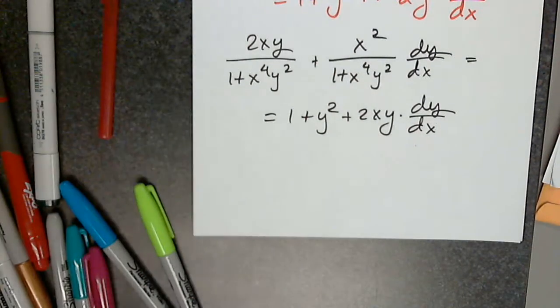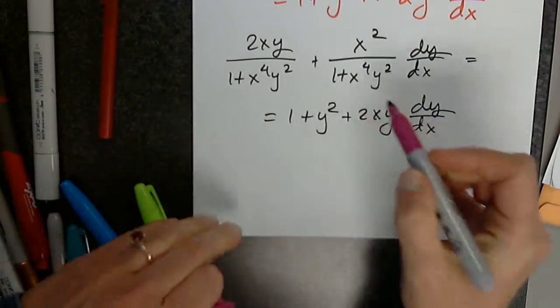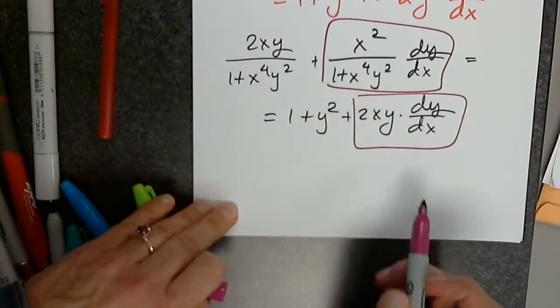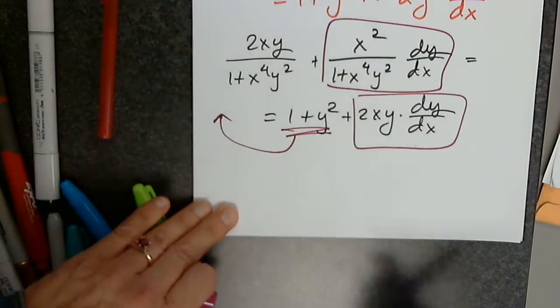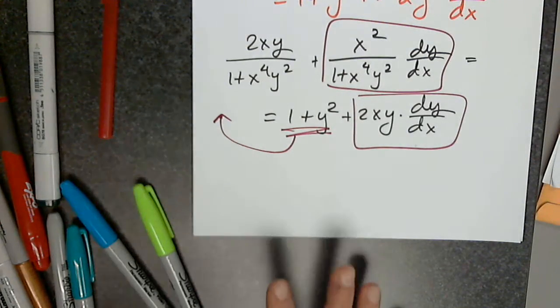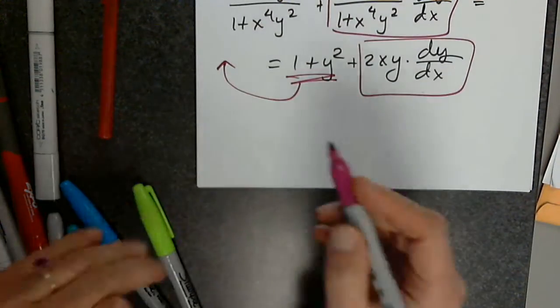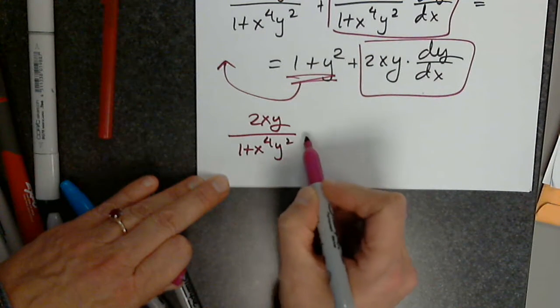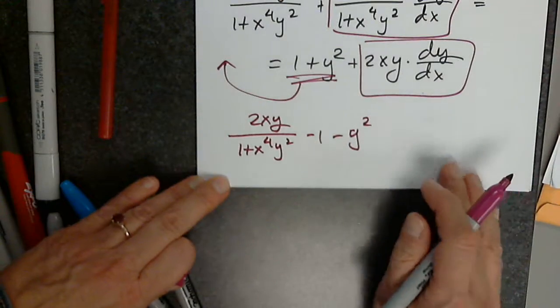For now, I just cleaned it up a little bit. Now, this and this have to be on one side. These two have to go to the other. So then the left-hand side becomes 2xy over 1 plus x to the fourth y squared minus 1 minus y squared.